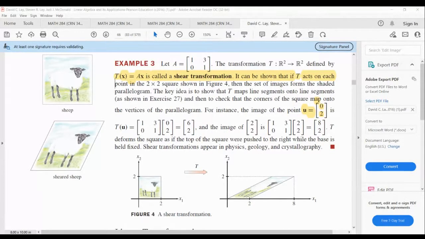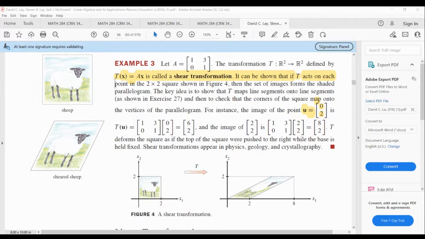Okay, is this all right? The picture below, figure 4, are we okay with what they're showing here? The point 0, 2 gets mapped to 6, 2, and the point 2, 2, which is the top right-hand corner of the sheet on the left, gets mapped to 8, 2.